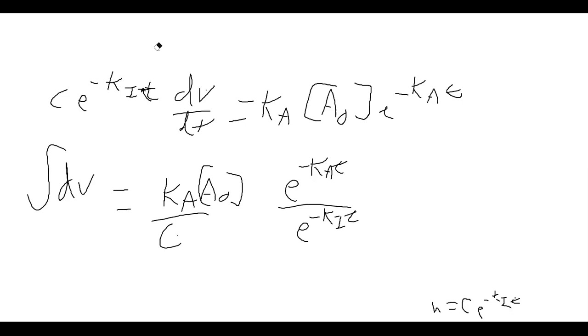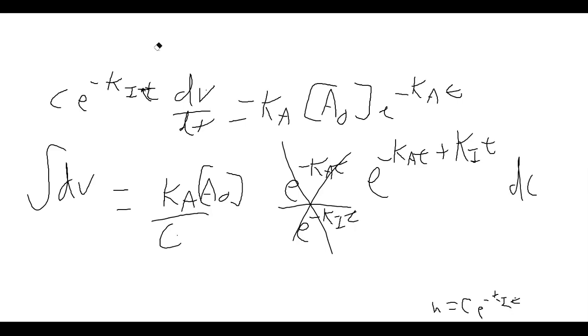Those can be factored together, the same way we can factor logs. So those become e to the negative ka t plus ki t dt.